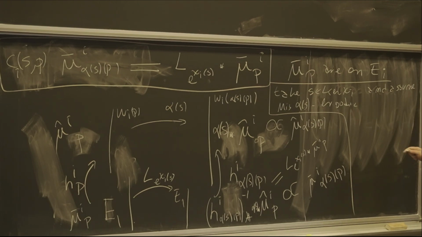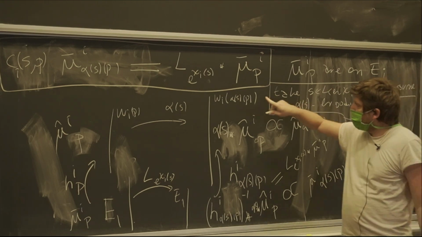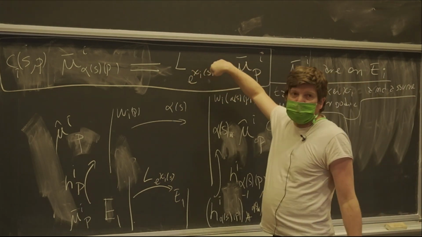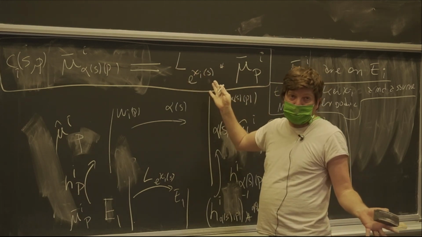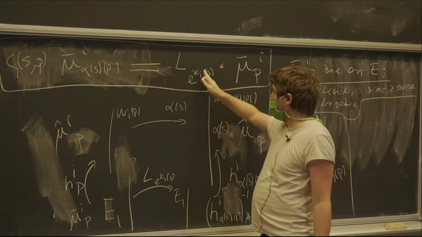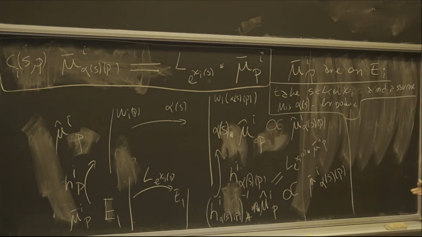Now, since I'm moving in the kernel of chi_i, this linear map is just identity, because this is 1, and multiplication by 1 is nothing. This L lambda stands for multiplication by this number on this E_i.